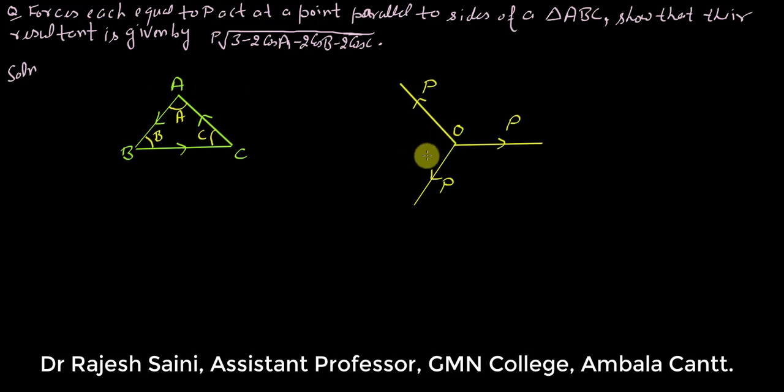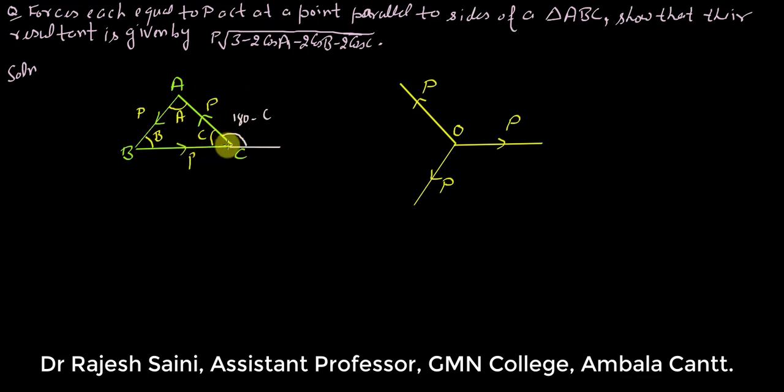Now we have to see the angle between the forces. Along this is P, this is also P, this is also P. To find the angle between this and this, I have to extrapolate this line so that I could see this angle, and if this angle is C, so this angle will be 180 minus C. Why have I extrapolated it?